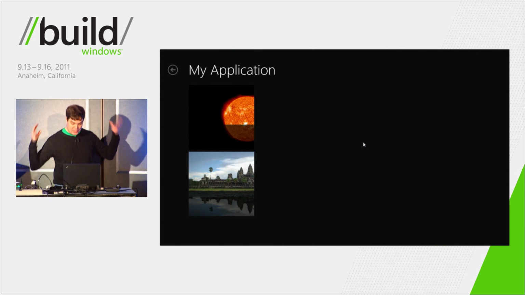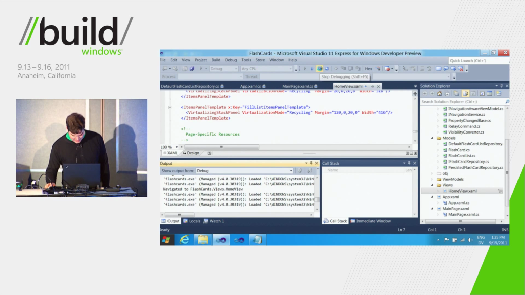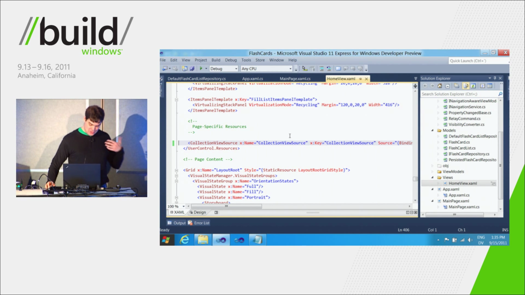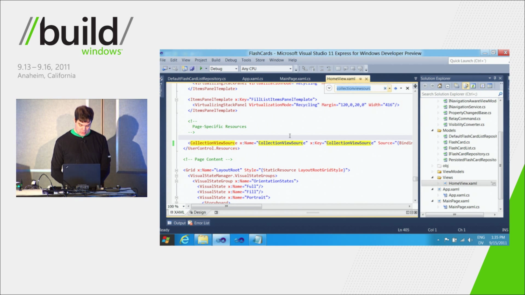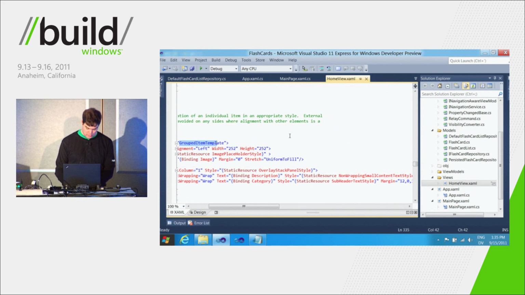And we see some pictures. They're not really displayed in the way we might like to see them, but we see some pretty pictures. So now we want to change how this is displayed, and that's in the item template. The grouped item template, in this case, is what we're looking for.